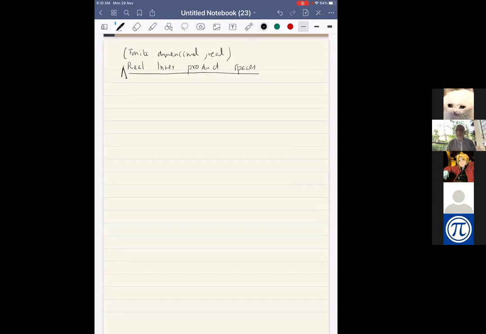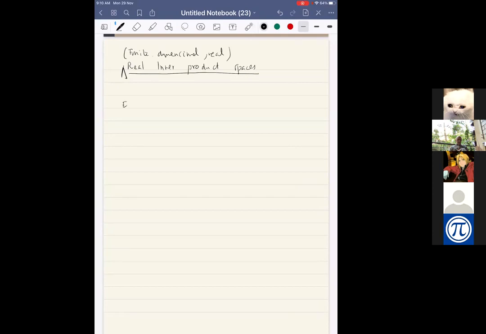Was there a question? No. Okay. So a real inner product space is a real vector space with an additional structure on it, namely an inner product on the vector space. Okay, I have defined for you what an inner product is.